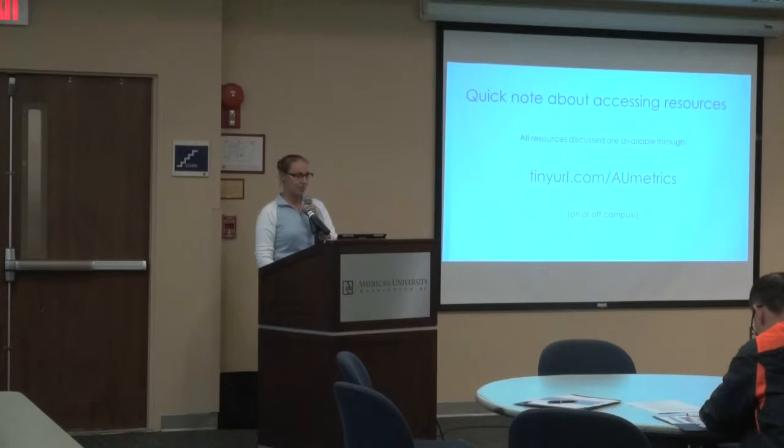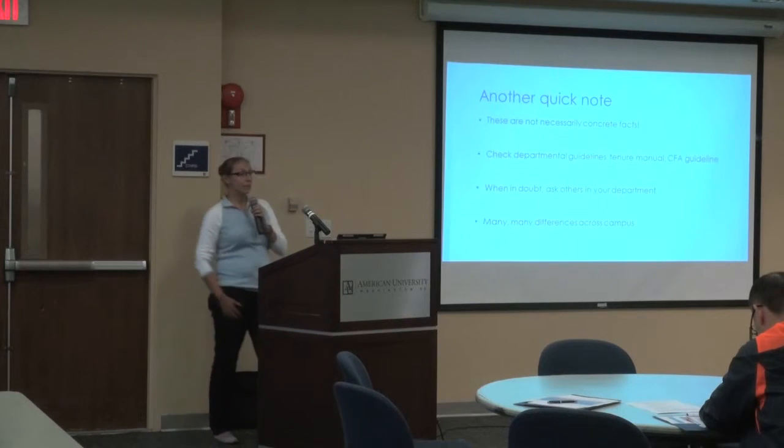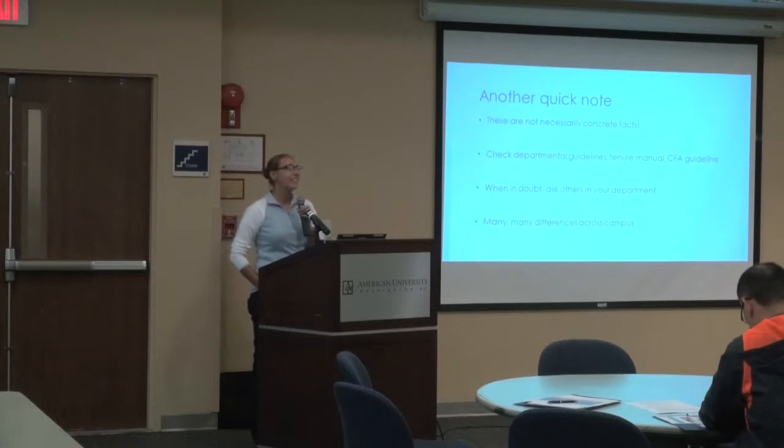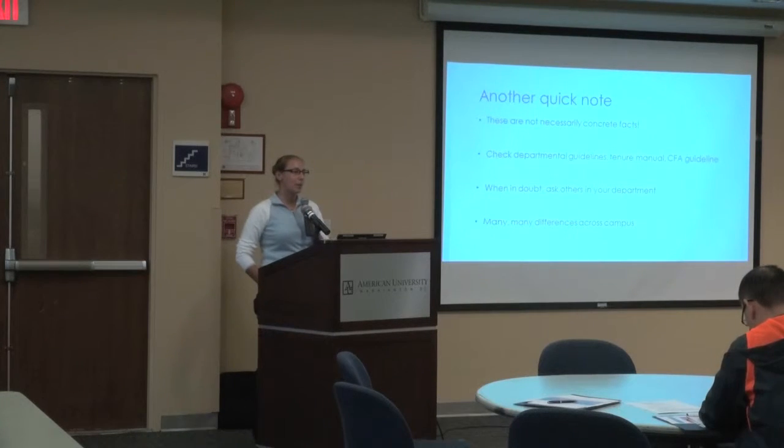And some other quick notes before we dive in. Hopefully everyone's written this down. What I'm saying is not necessarily concrete facts, and ultimately you're going to be guided by a lot of different guidelines, including ones written by your department, by AU, by grant guidelines, et cetera. I'm here to give advice, but I'm definitely not an evaluator by any means.